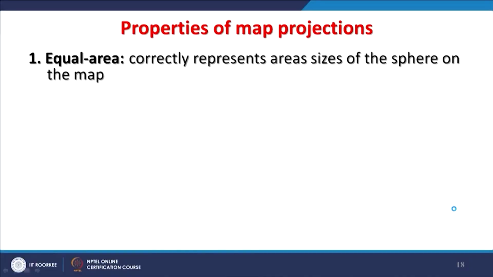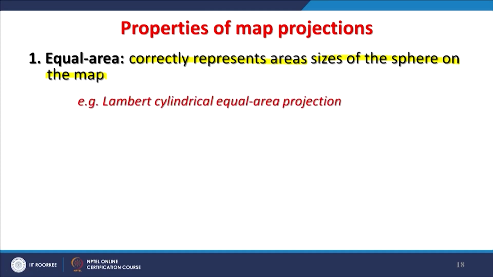Now, equal area projection, under which UTM is also considered, correctly represents the areas, the sizes of the sphere on the map. That means if I project my data into UTM and do area measurements, I am going to have more accurate results.